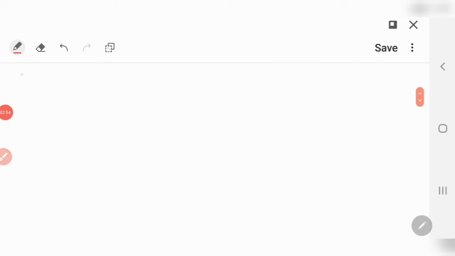Children, let us see identity number 5, correct? So this identity is a plus b plus c whole square.